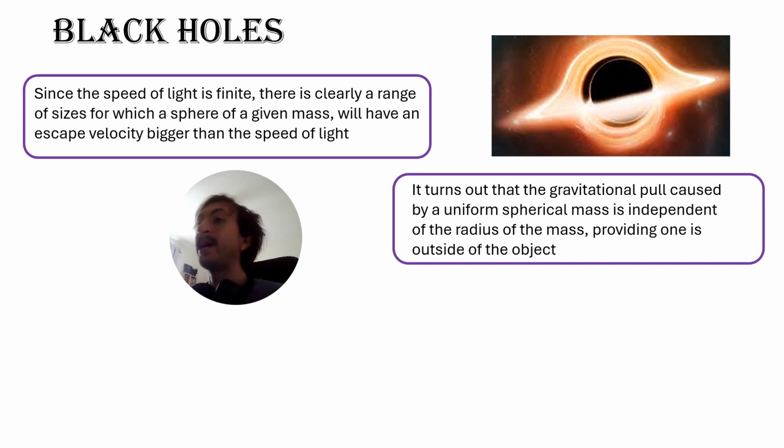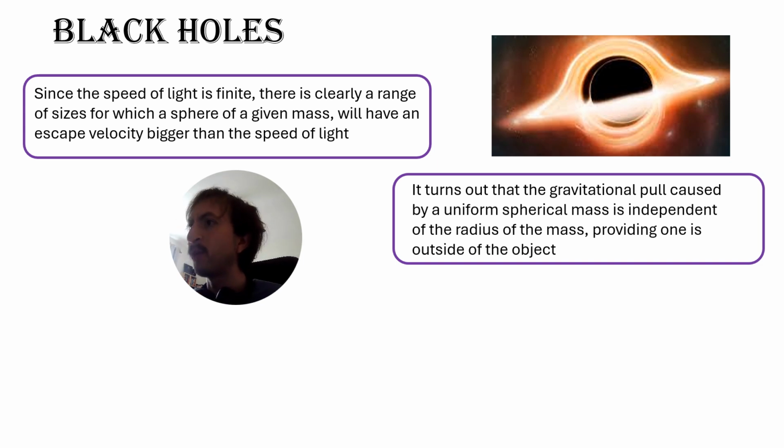Say we have, for example, a really heavy, like 8 solar mass star. It's undergone the supernova, but the core remains and the core collapses. At some point, the core might have the right mass to radius ratio for the escape velocity from that core to equal the speed of light. But if that core keeps collapsing and its radius gets smaller, does this surface where the escape velocity equals the speed of light, or this region in space, still exist?